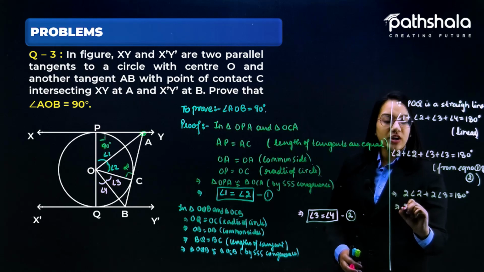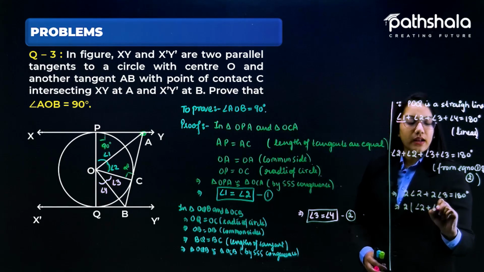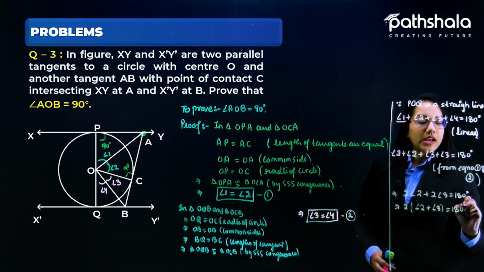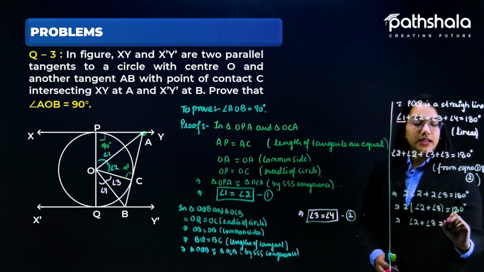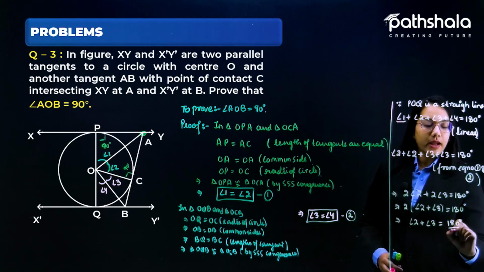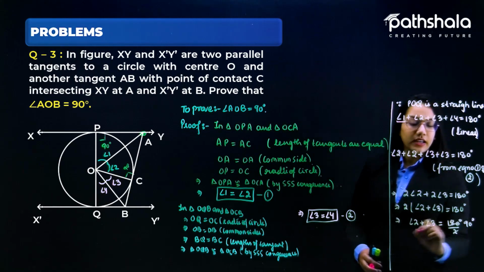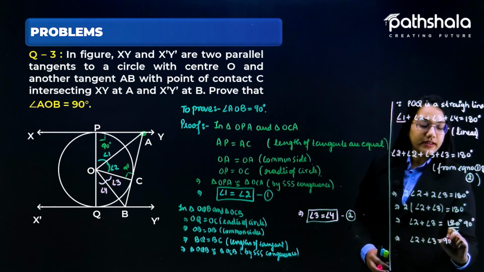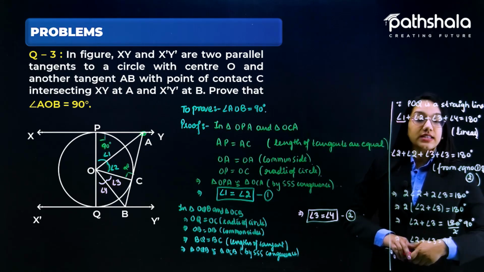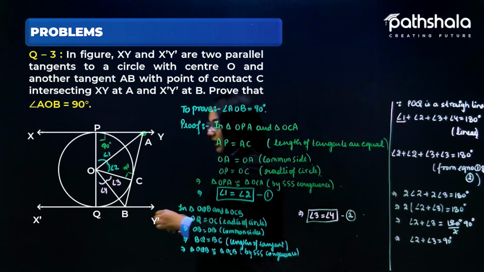Let us take 2 common out of it: 2 times angle 2 plus angle 3 is equal to 180 degrees. Taking 2 to the other side, angle 2 plus angle 3 is 180 divided by 2, which is 90 degrees. So let's see what angle 2 and angle 3 are.